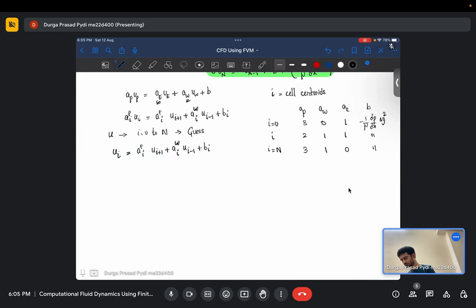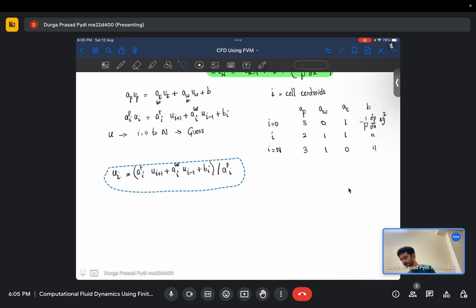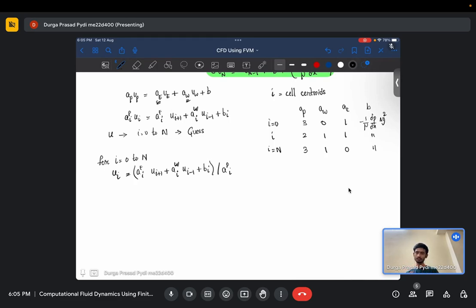Previously there was some value, now you update it using this equation, and you repeat this for all values of I. You keep doing this till your error is within some tolerance.